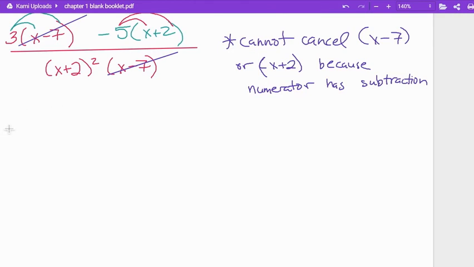Okay, so I'm going to take these purple lines away because we can't do that.